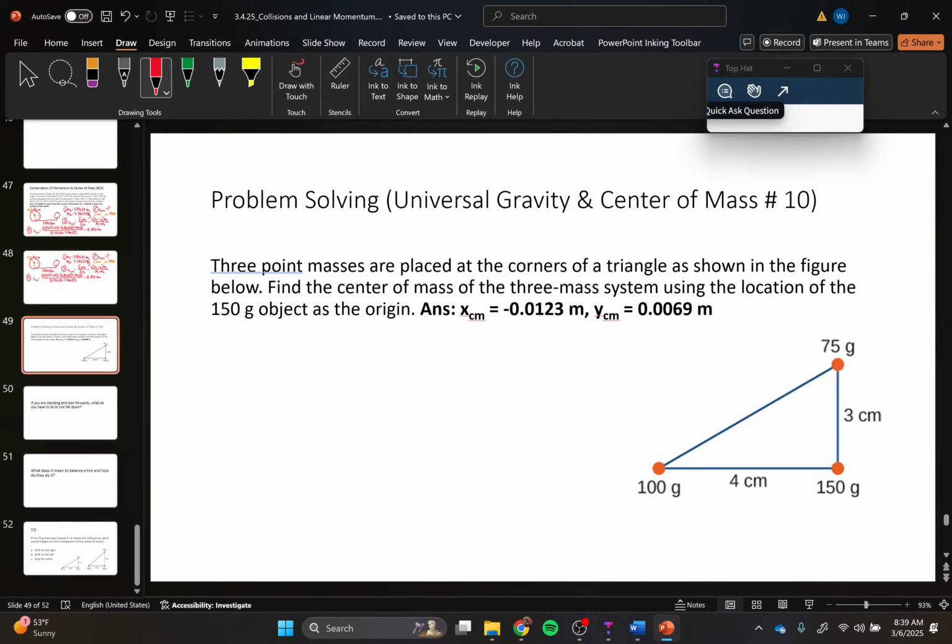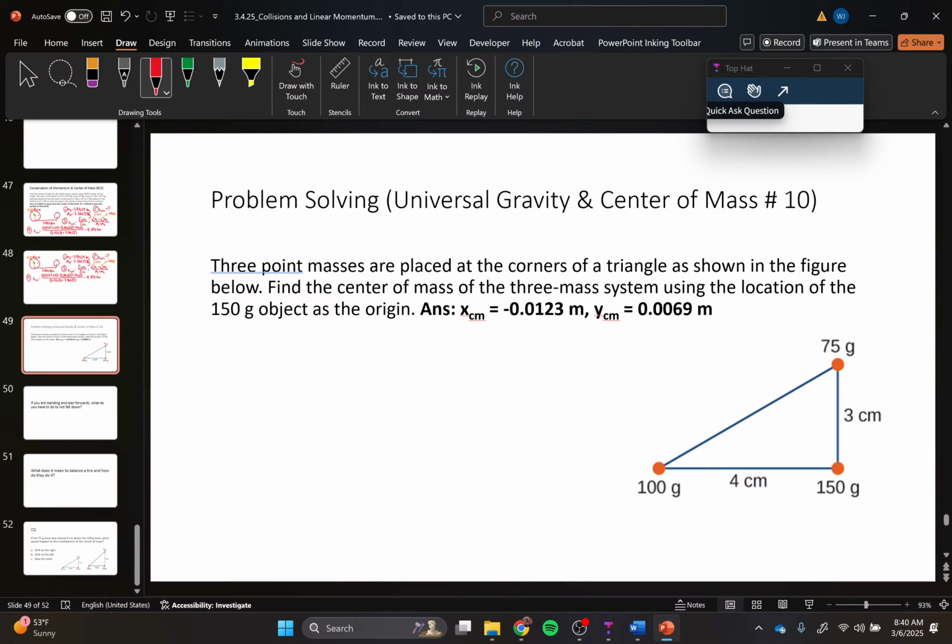It's 100 centimeters. For the x direction?